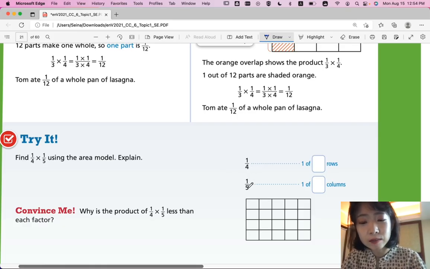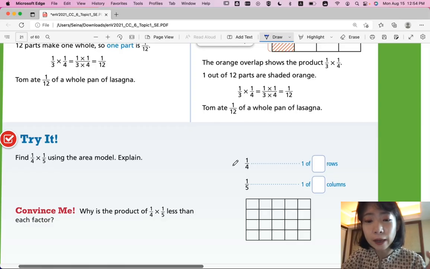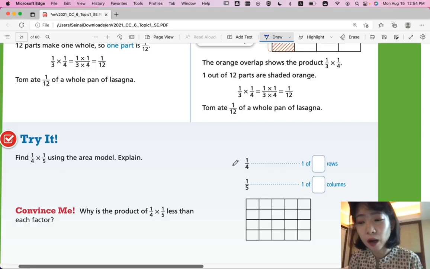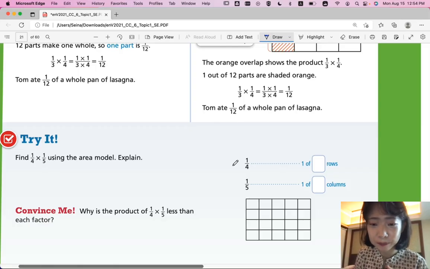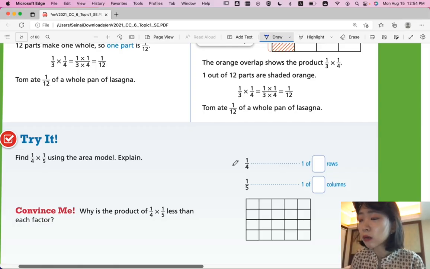And then you're going to shade 1/5 horizontally or vertically. So you're going to separate the fractions horizontally and vertically, and the part that is shaded both times is going to be the part that you're trying to get. Okay? So figure out the answer and come back when you're ready for an answer.